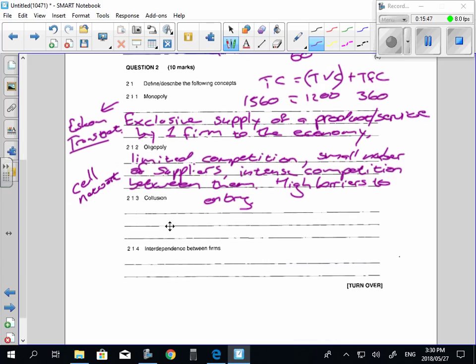Vodacom, MTN, Cell C, a small number of very, very large firms that produce and sell the entire country's demand. Right, collusion. First thing you need to remember is collusion is only possible in oligopoly.